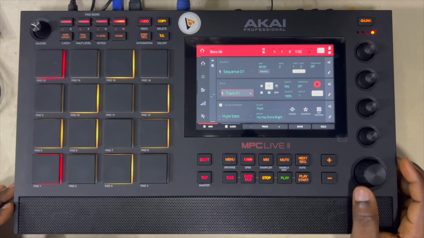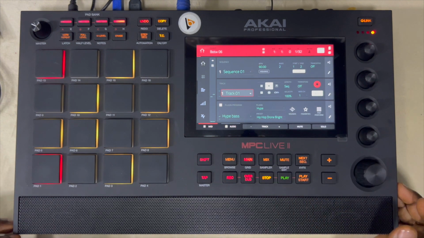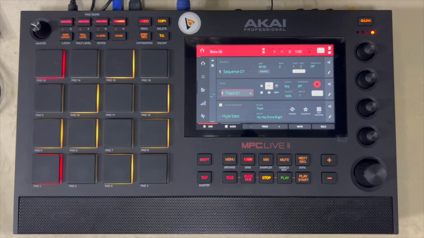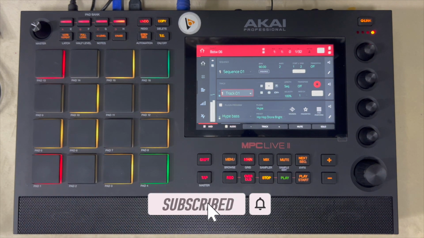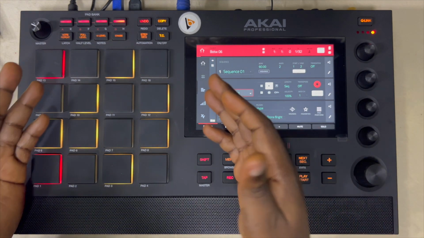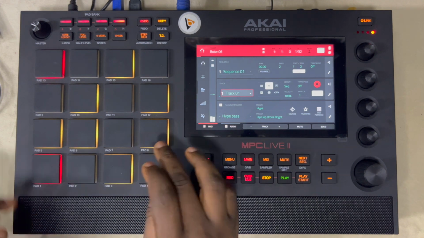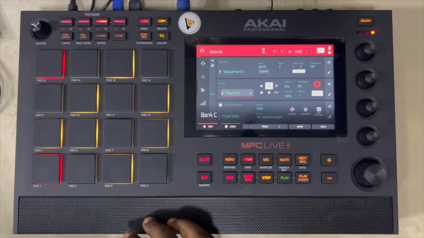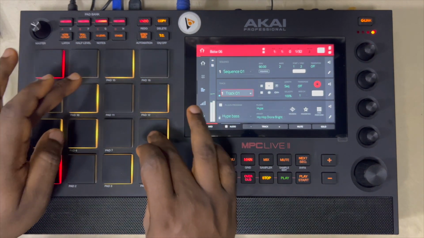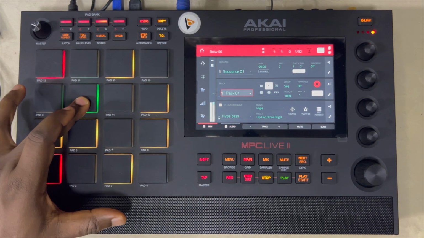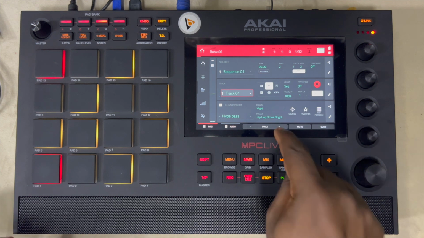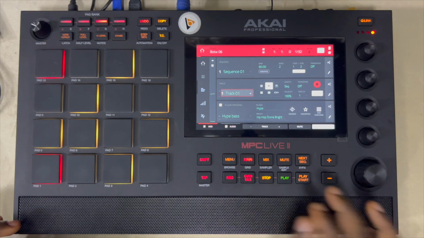With the hip hop drum bright, on the pad, on the third bank, that's what I did. Let me play it for you solo.